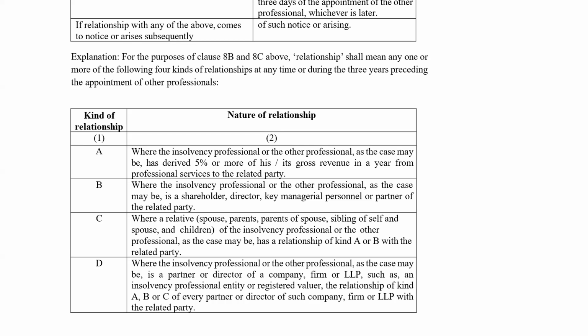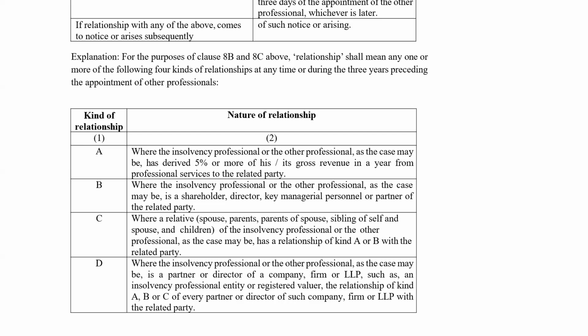Second, where the insolvency professional or the other professional, as the case may be, is a shareholder, director, KMP, or partner of the related party. ठीक है. Third, where a relative, spouse, parents, parents of spouse, sibling of self and spouse, and children of the insolvency professional or the other professional, as the case may be, has a relationship of kind A or B with the related party. मतलब क्या?